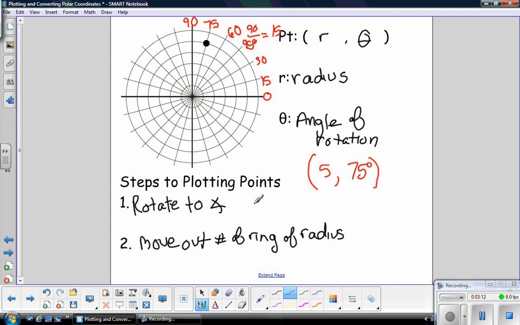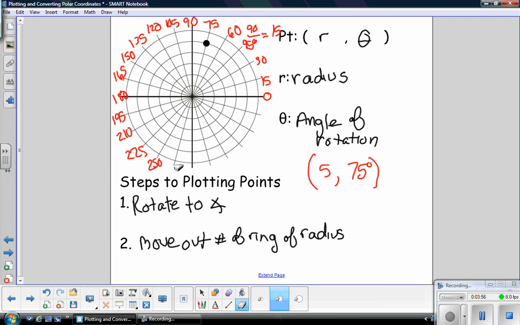Now there's another way to name that point. I'm going to continue labeling my angles here: 120, 135, 150, 165, 240.